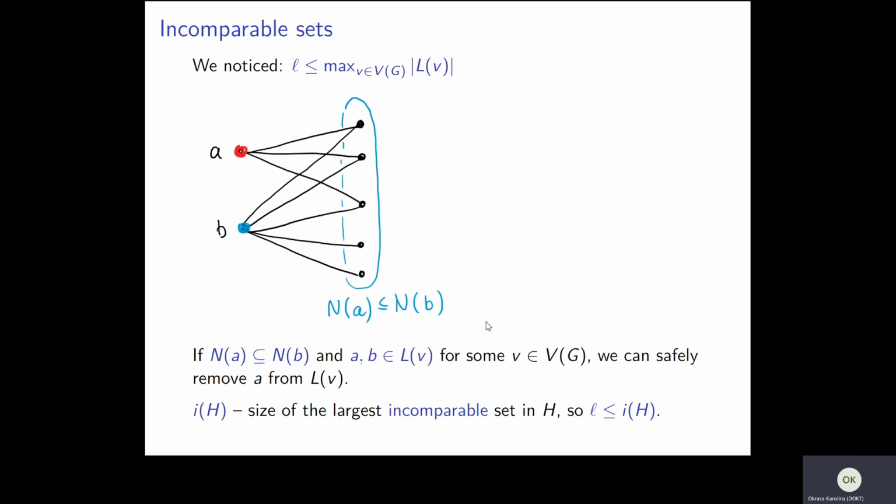So since this reduction rule I told you is safe, we can safely assume that the size of each list is also bounded by this I(H), since we can assume that each list must be an incomparable set.